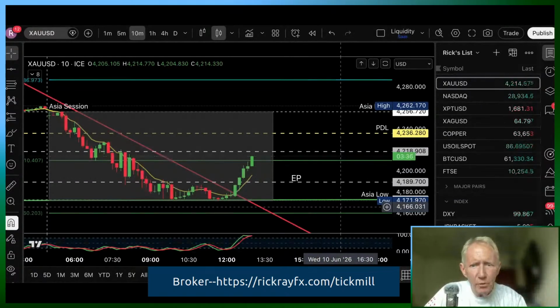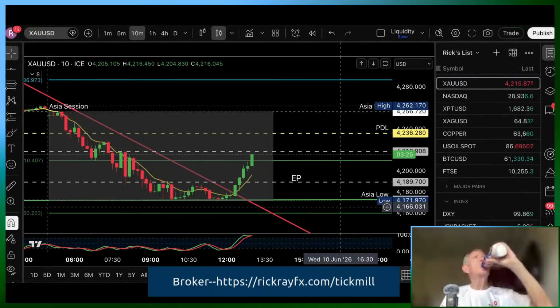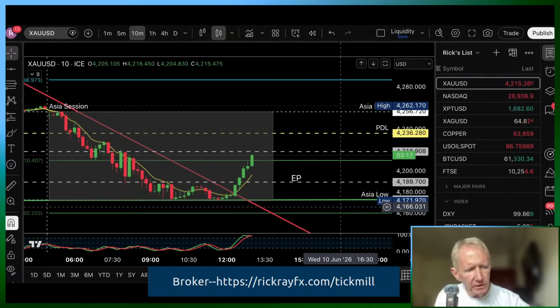It's got its eye on 42.18. Only $2 away from there now. Good to see Europe following through with this. Sometimes on the hour, as we know, it can do a complete reversal. But the bulls have got this by the horns. The buyers are in control, absolutely.